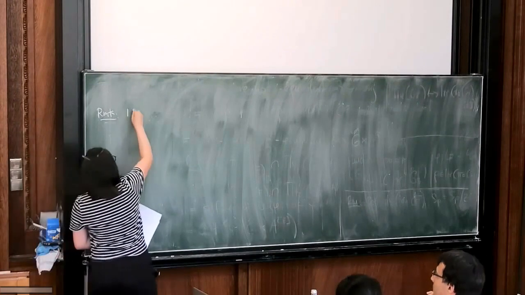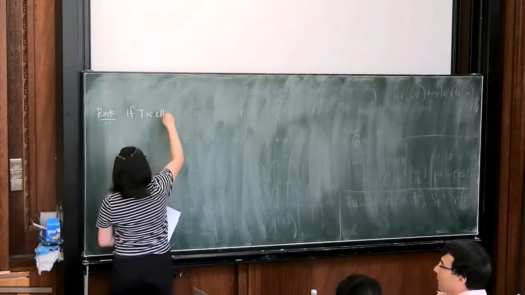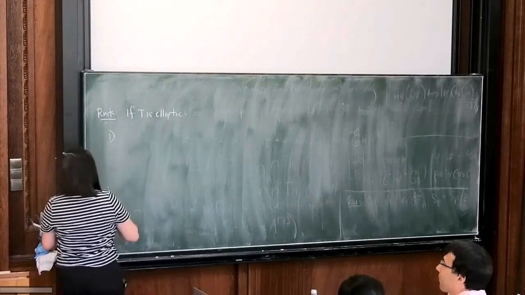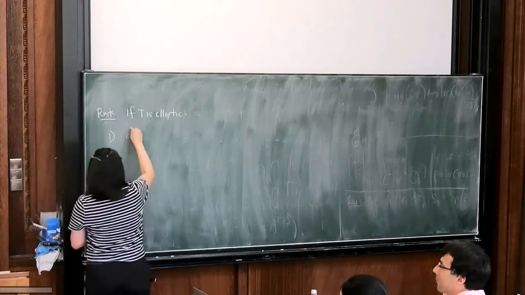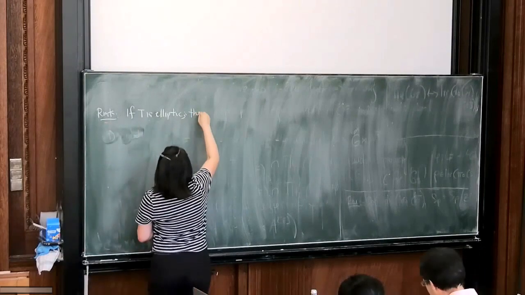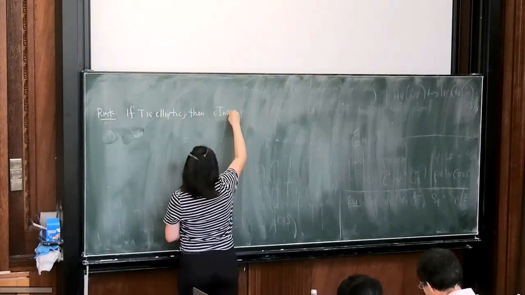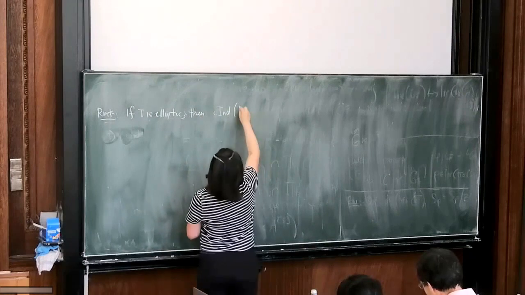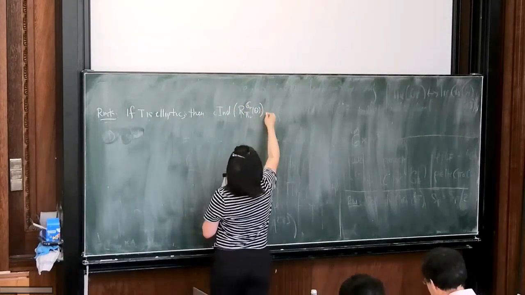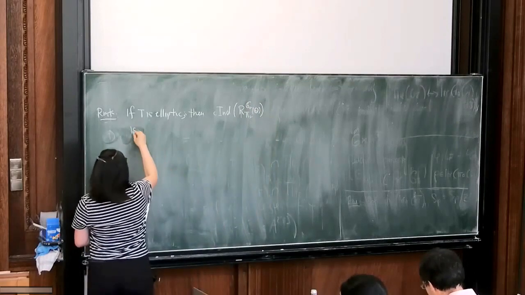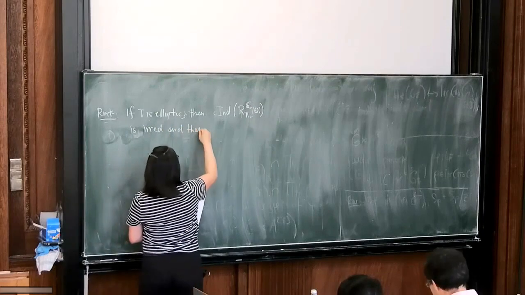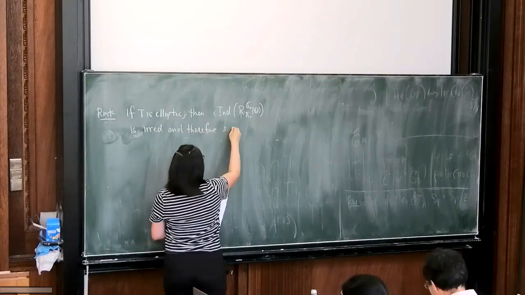So let's say if T is elliptic, then the compact induction, possibly extended by center, of rtr theta is irreducible and therefore supercuspidal.